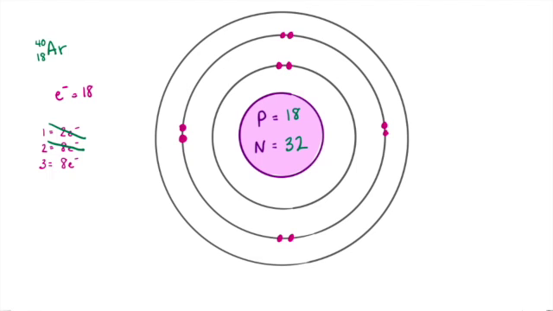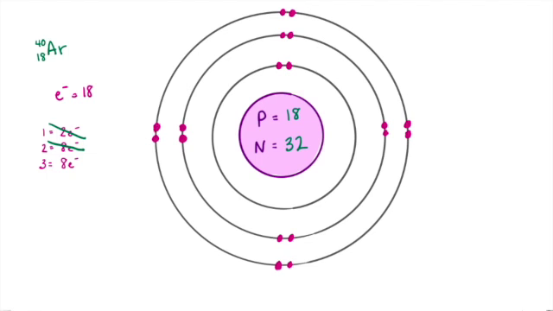So now I have to go out to the 3rd level. And once again, I'm going to go around the energy level and then pair them up. So far I have 1, 2, 3, 4, 5, 6, 7, 8, 9, 10. So I need 8 more. So 1, 2, 3, 4, 5, 6, 7, and 8.